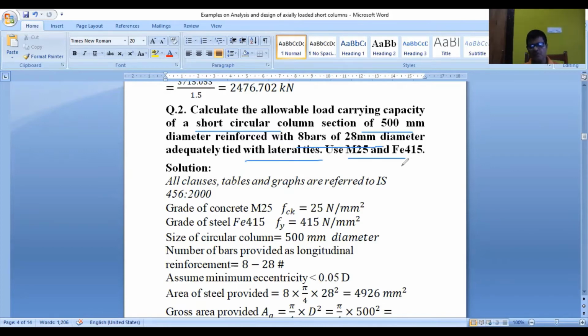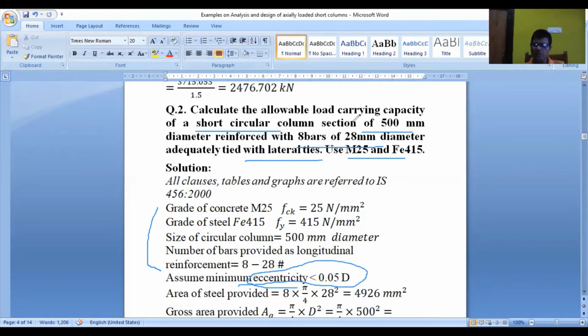So M25 Fe415. The same procedure will be followed. Write all the fck, fy, and size of bars that are given. Again, here the effective length is not given, so we should assume the minimum eccentricity is less than 0.05 D, because this must be satisfied.